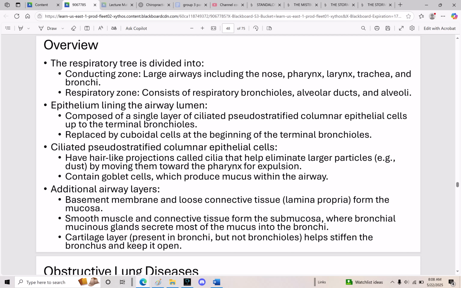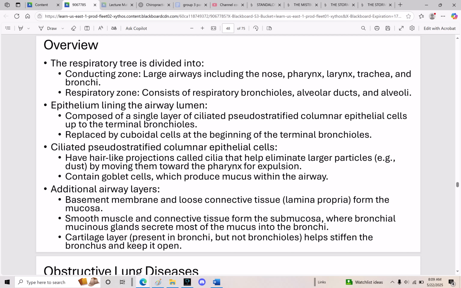I have all this in the other set of slides for you to read, and it's in the book as well. So basically, you change from cartilage to smooth muscle, then simple columnar, simple cuboidal, and then eventually you end up with simple squamous. And that's when you're going to do the exchange of the air. Okay? All right. So basically, this is just the histology.